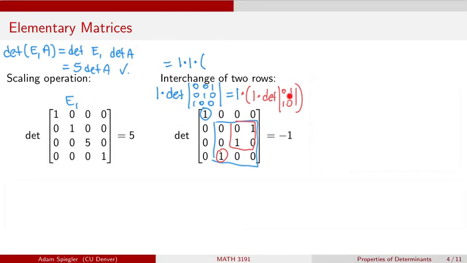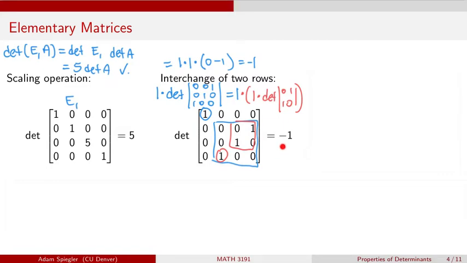And this 2x2 matrix, with rows 0, 1 and 1, 0, would have a determinant of -1. So altogether, the determinant of this matrix is 1 times the determinant of this, which is -1. That gives us that the determinant of this elementary matrix corresponding to an interchange of rows is -1.